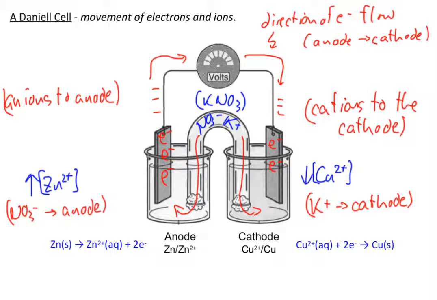Now, the last thing I do want to mention in terms of labeling cells is the sign, and you've seen this on batteries, positive and negative. The anode is given a negative designation. It may seem a little counterintuitive that anions move towards a negatively charged electrode, but it's not really negatively charged, it's just a designated charge. Really, what the anions are moving in response to is an increase in cation concentration.